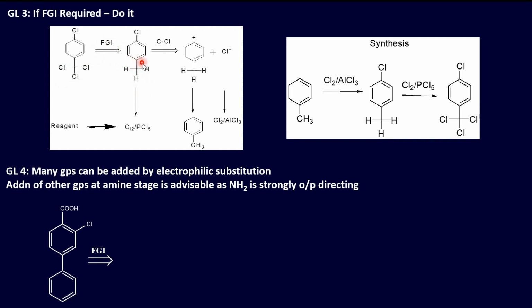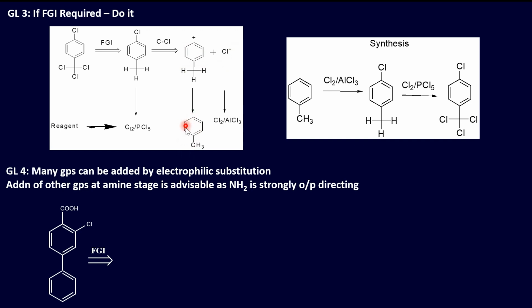This methylated chlorobenzene I will take and treat with chlorine and phosphorus pentachloride or phosphorus. The methyl hydrogens get replaced by chlorine. I will break over this CCl bond which I mentioned here. I'll get toluene group and Cl plus.